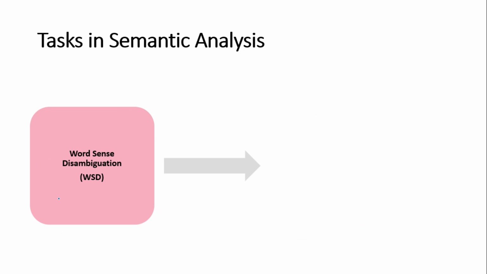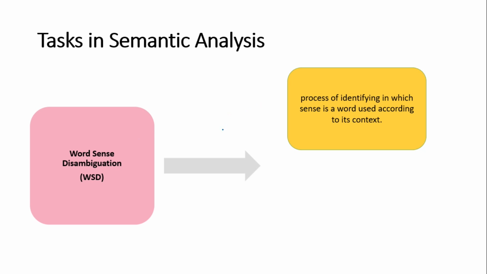Let's talk about another task, that is word sense disambiguation. This is the process of identifying in which sense a word is used according to its context. In this we try to identify the meaning of the word based upon the context, or the sentence in which the word has been used. Let's see an example.